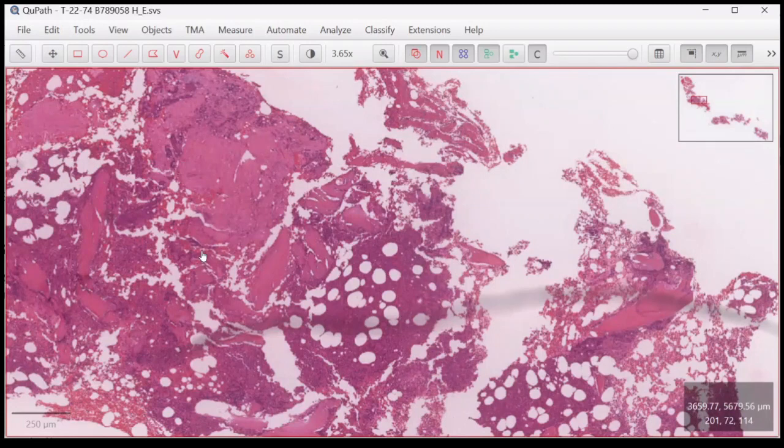This is a post-induction. How many days after completing the first induction? So this one is 1 month after completed induction. Oh, 1 month. So looking at under low magnification, the presence of cells in the background is quite hypercellular, but now they are already showing mature adipocytes, the fat spaces.